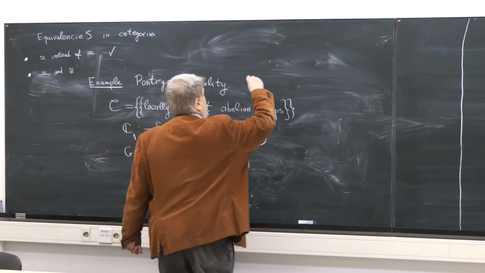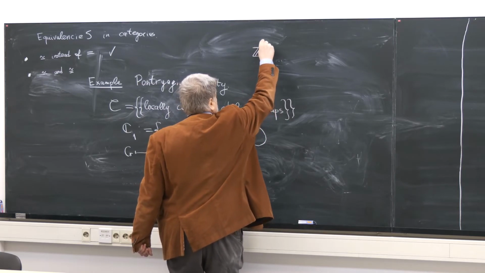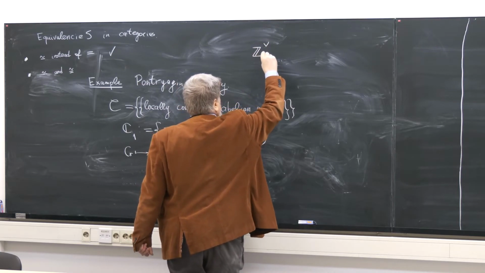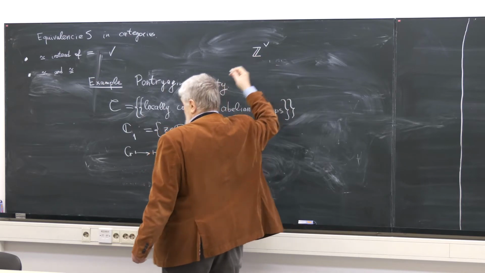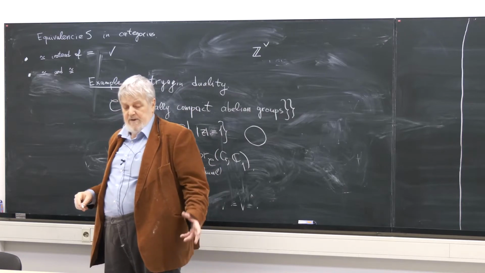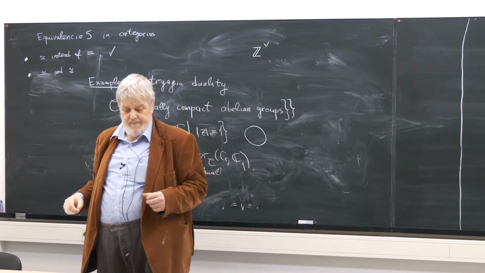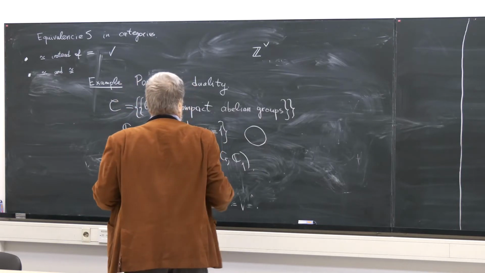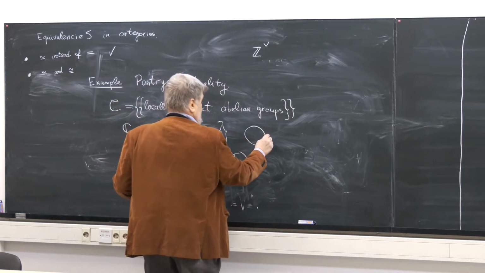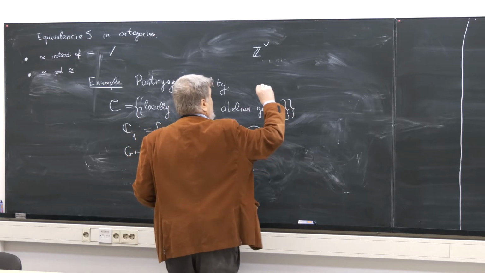And the basic examples are the Z check, which is defined by the image of the generator of Z, and it can be sent to any point of our C1.